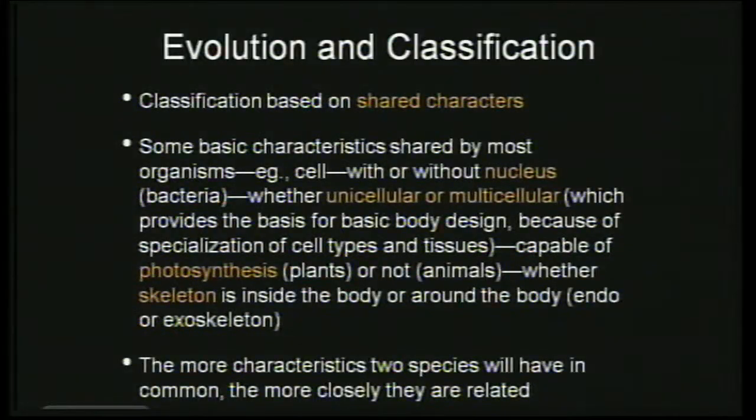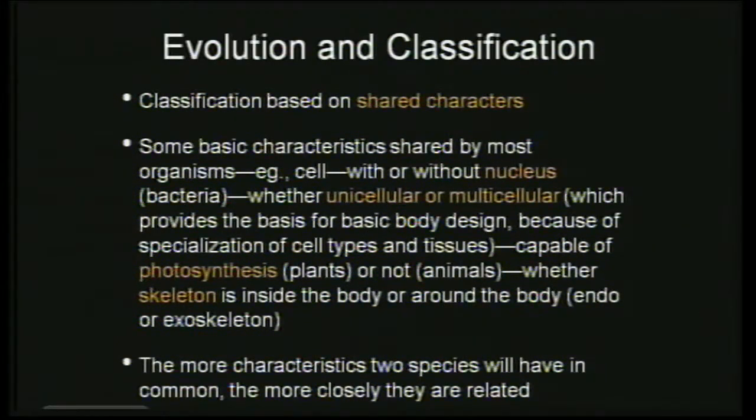If you can see the slide there, it tells us that based on certain characteristics or features which are common in the organisms, we are able to classify them. Organisms evolve over time, and populations evolve over time. Having that idea about evolution, you are able to classify organisms based on their similarities and differences or some shared characters.